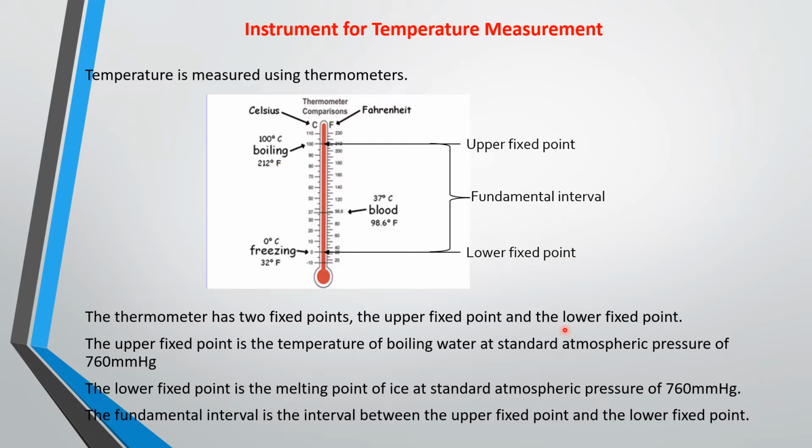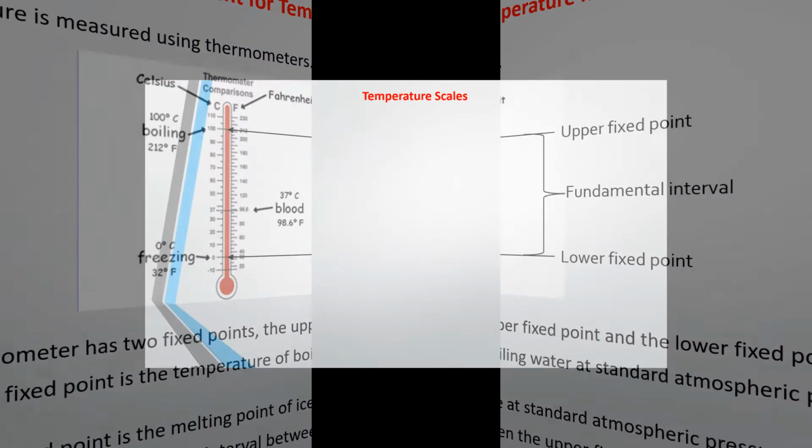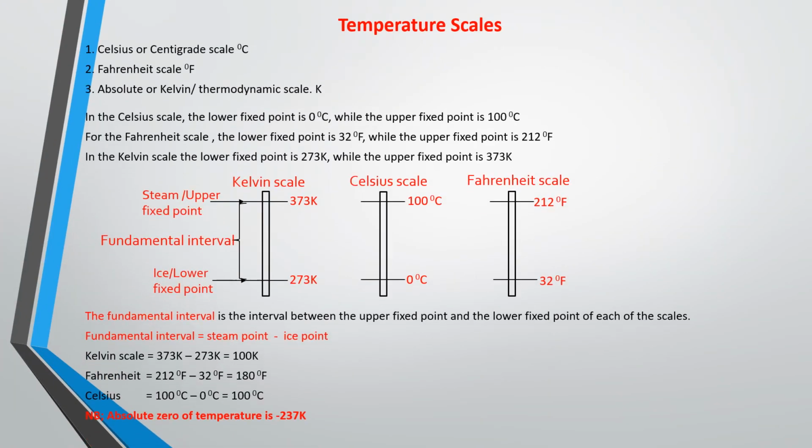Is that okay? So now we are going to be looking at different temperature scales. What are the different temperature scales that we have? Here we have the centigrade scale, the Fahrenheit scale, then the absolute or Kelvin or thermodynamic scale.